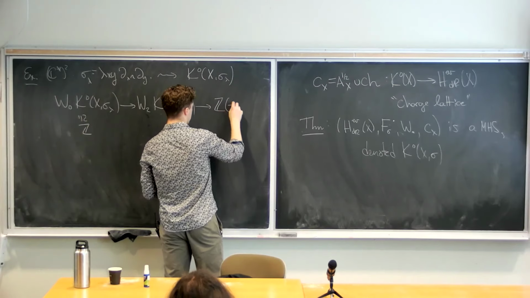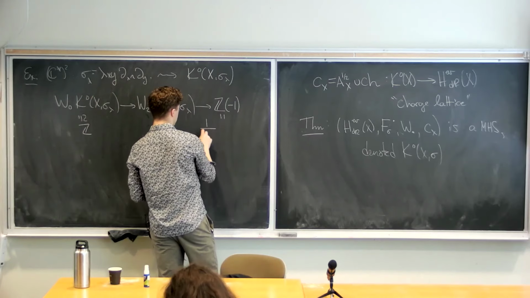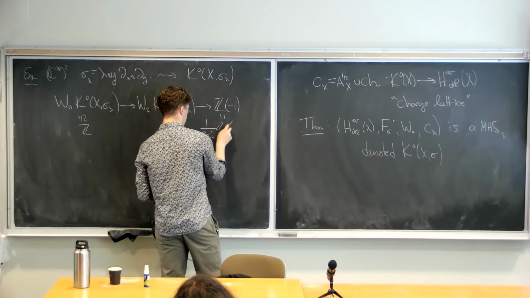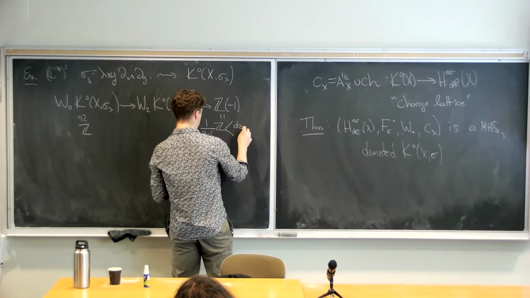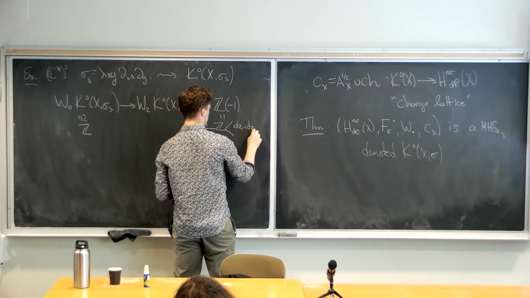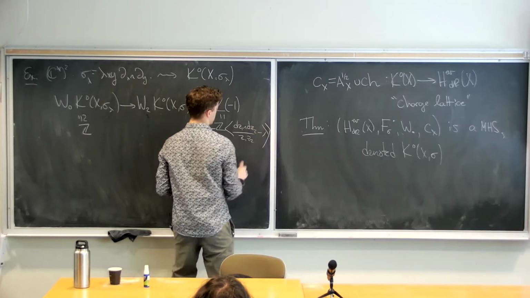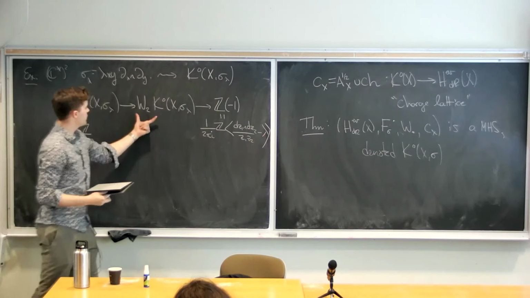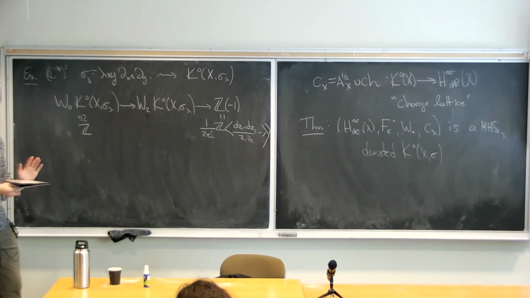but there's this thing called a Tate twist here. Let's not worry about what it is. It just means that there's a factor of 1 over 2 pi i. And it's going to be generated by this class, which is dz1 wedge dz2 over z1 z2 minus lambda. So this is a mixed Hodge structure, and the weight filtration is a filtration by mixed Hodge substructures.